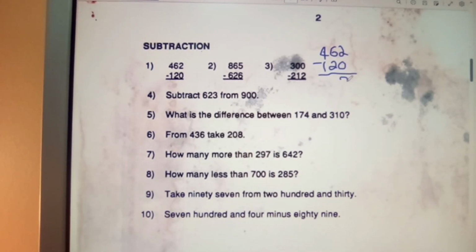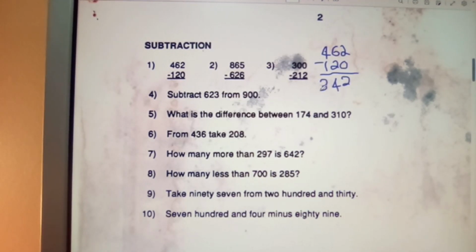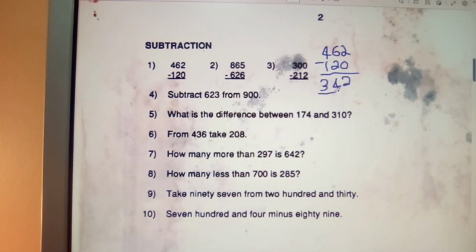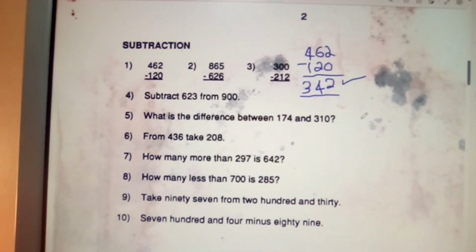Okay. 6 take away 2 leaves 4. And 4 take away 1 leaves 3. So the answer is 342.